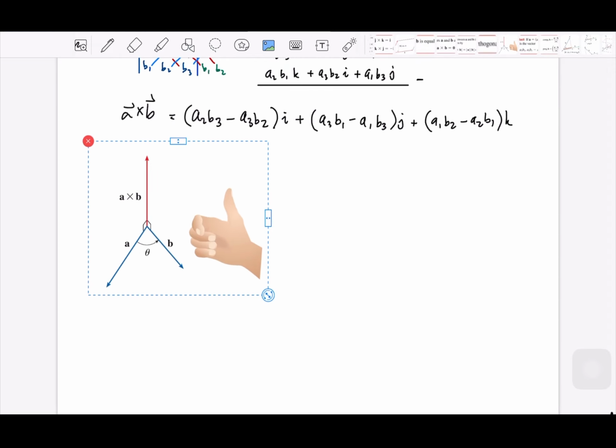So the thumb will be the cross product, and our index finger and the other fingers will be the vectors A and B. So A and then cross B. We could see it like a screw. If you imagine a screw, if you rotate the screw from the left to the right, it's going up, right? Upper direction, okay, so you could also think like that.